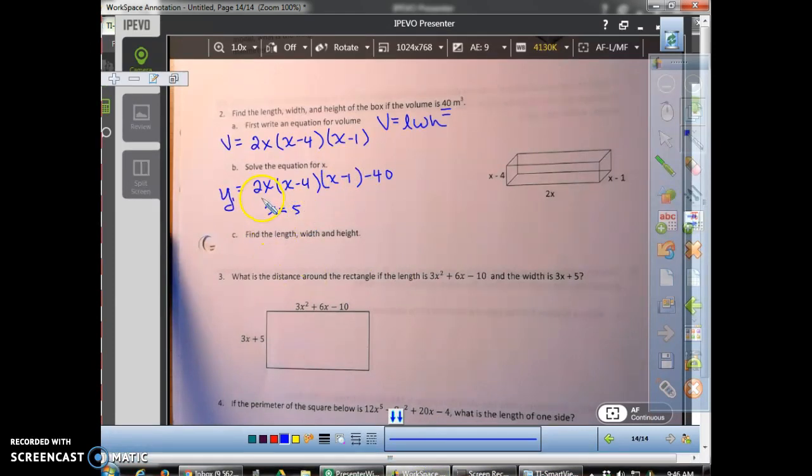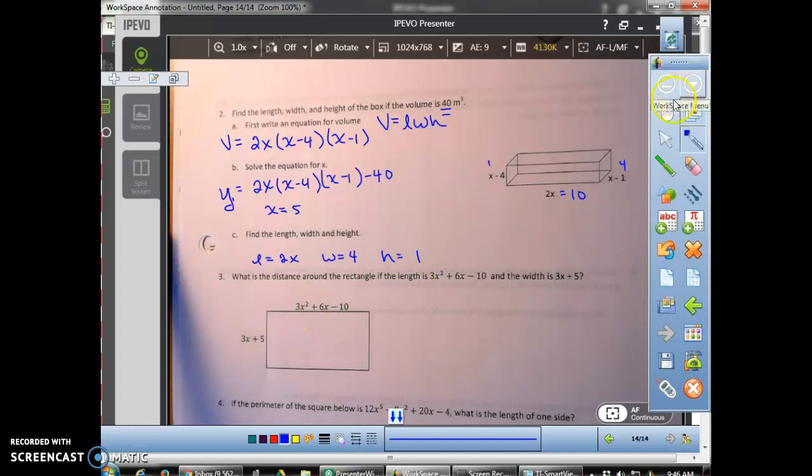Now, to find the length, the width, and the height: 2 times 5 is 10, 5 minus 4 is 1, 5 minus 1 is 4. So let's say the length is 2x, the width is 4, and the height is going to be 1.